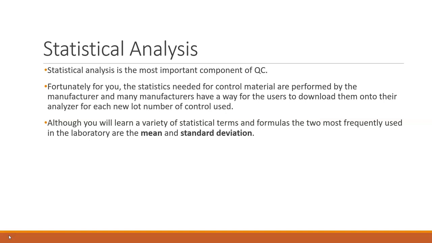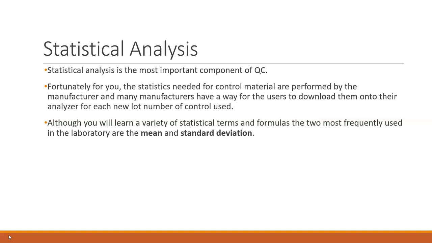So we've done our QC, and we have all these numbers, and we have all this data. What are we going to do with it? Well, statistical analysis of that data is the most important component of quality control. Fortunately for you, the statistics needed for control material are performed by the manufacturer, and many manufacturers have a way for the users to download them onto their analyzer for each new lot number of control used.